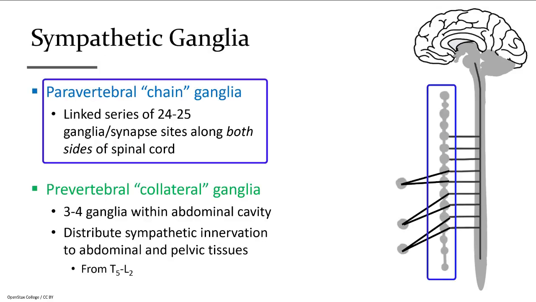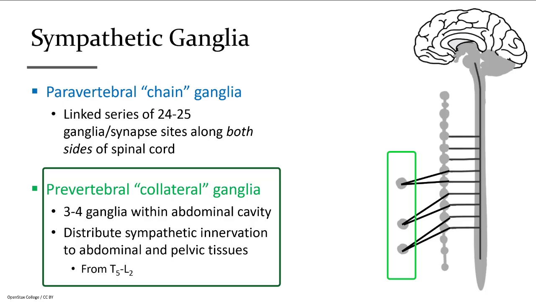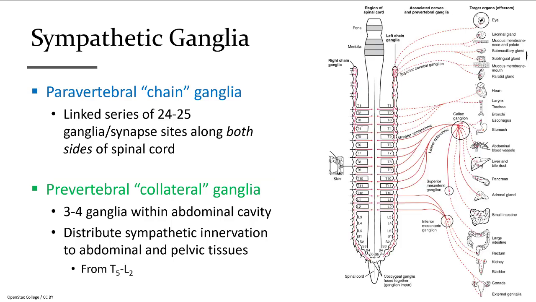The chain ganglia is known as paravertebral in that there are two, one on either side, although you only see one in this image. There is an additional cluster known as prevertebral or collateral ganglia that's farther out. These are specific to the abdominal pelvic region.